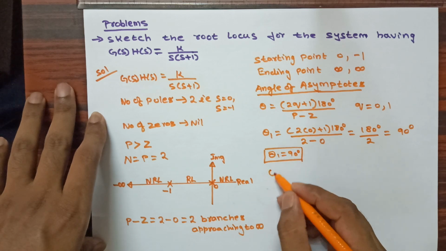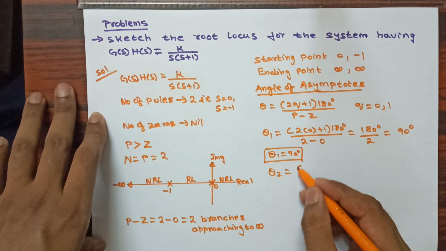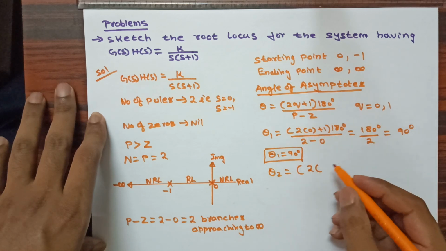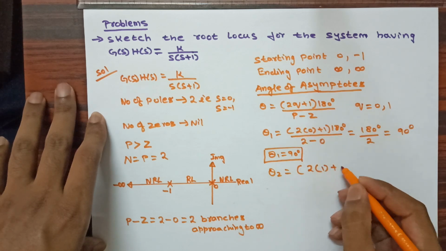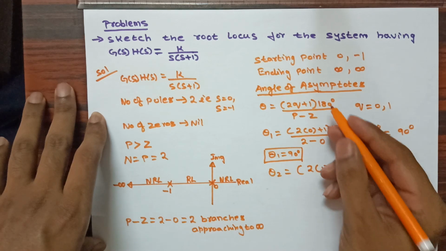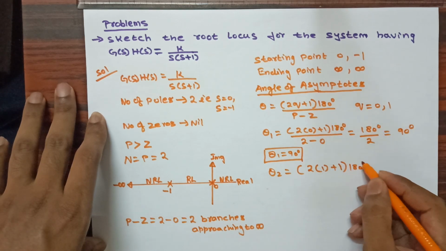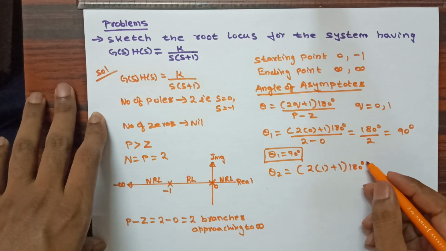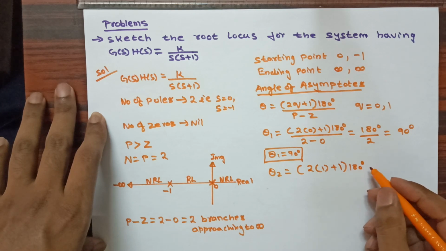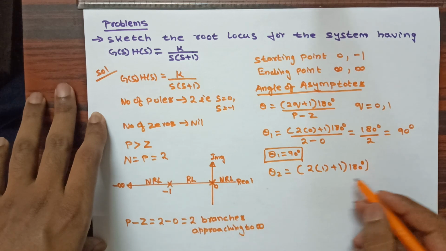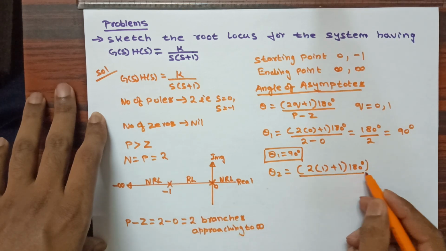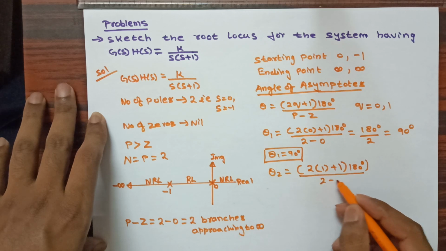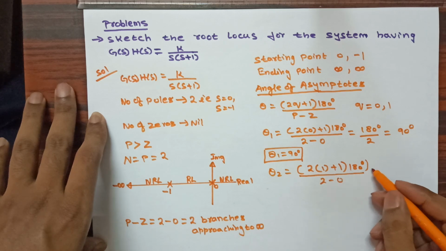Next, the second angle theta 2 is equivalent to (2 into, now we substitute 1 in place of q, plus 1) into 180 divided by number of poles 2 minus number of zeros 0.